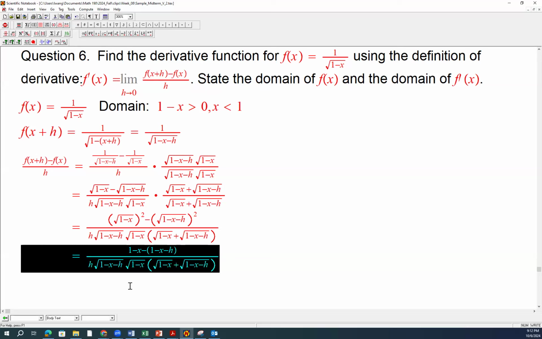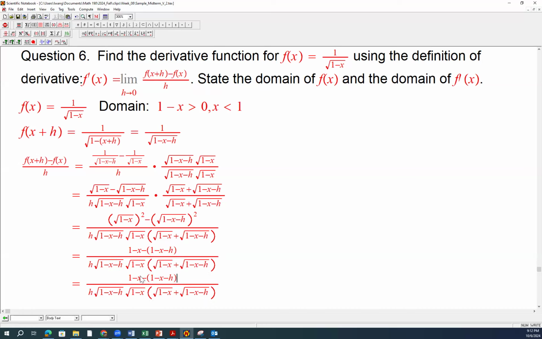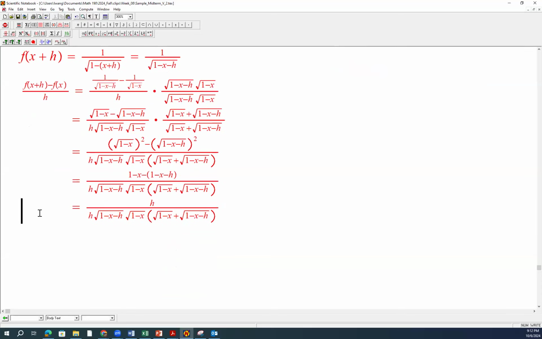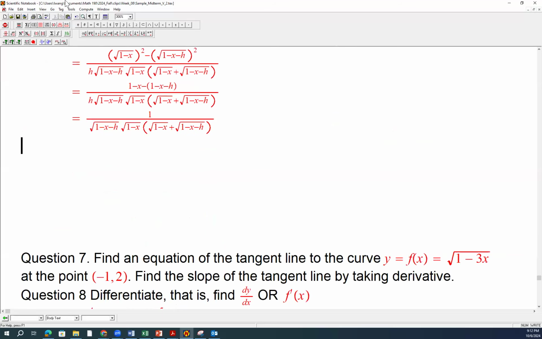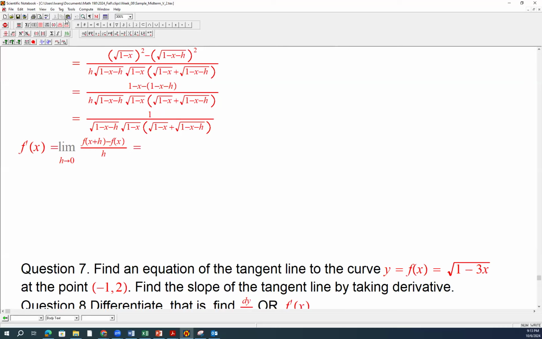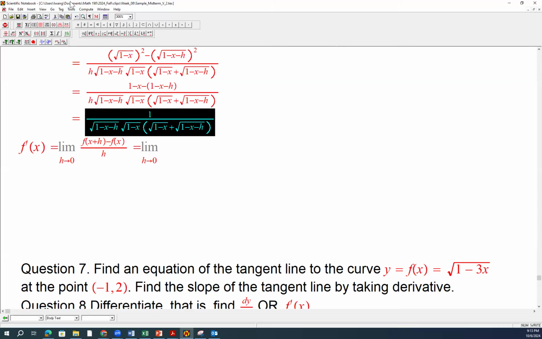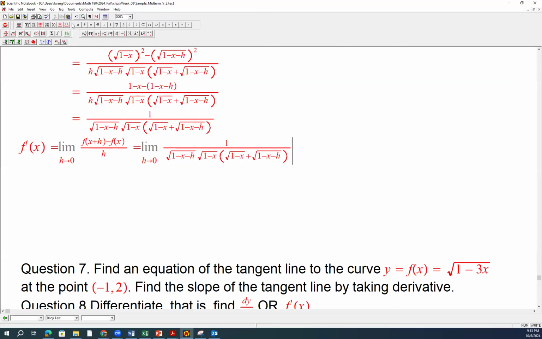So our next step, right? This will be just a positive h left because it's minus negative h. All right, we're closer to the end. H and h will be reduced, and this one can be omitted. So now we finally can take a limit. Taking limits as h approaches 0, the whole of this piece, it's just a direct substitution.